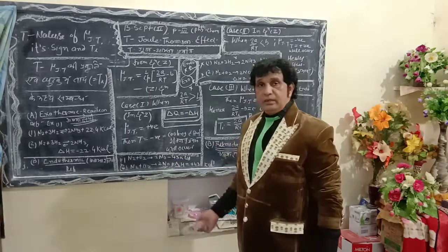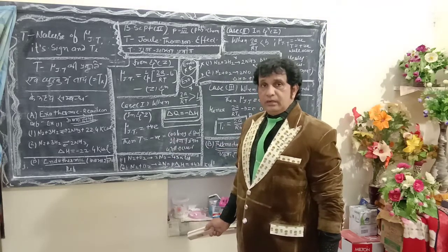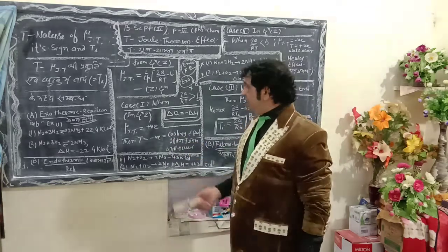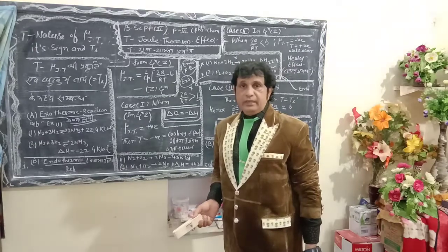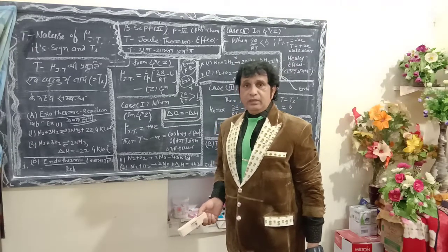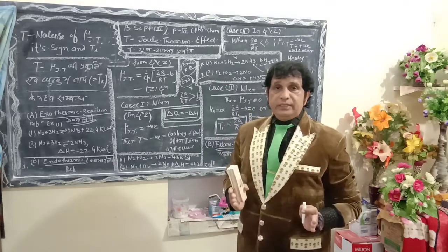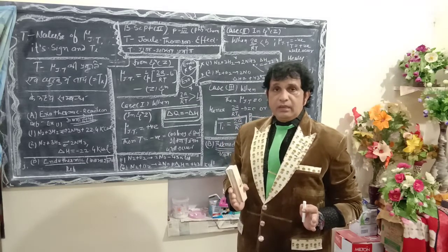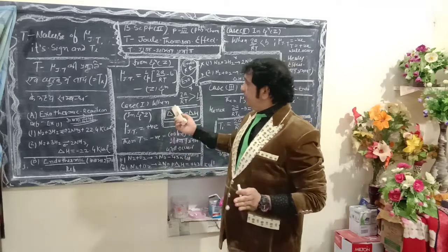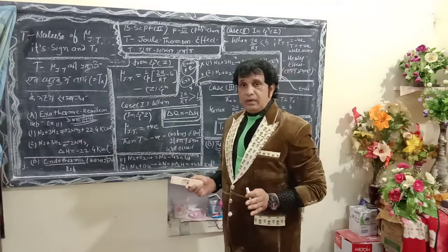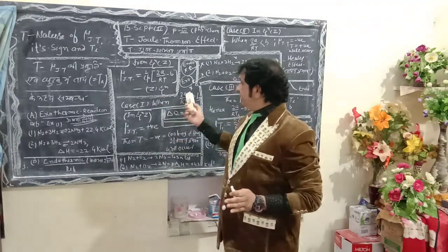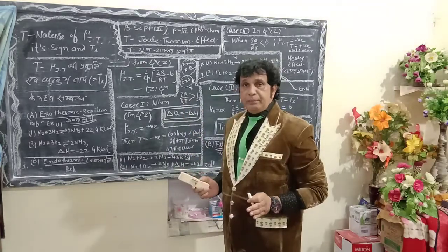Showing negative means that a cooling effect will occur here. Once again, dear students, try to understand. Case first, when 2a upon RT is greater than b.